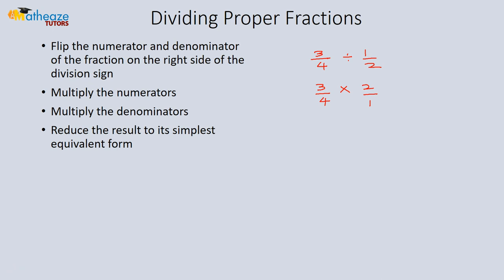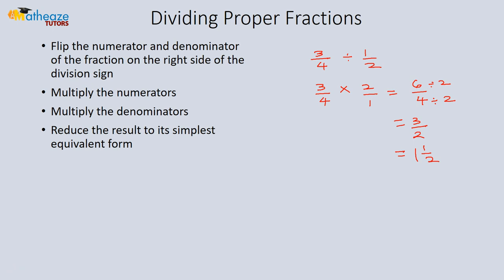So this is going to give us 6 over 4, which we can reduce by dividing by 2 to 3 over 2, and then we can leave it this way or we can convert it to a mixed number, which is 1 and 1 over 2.